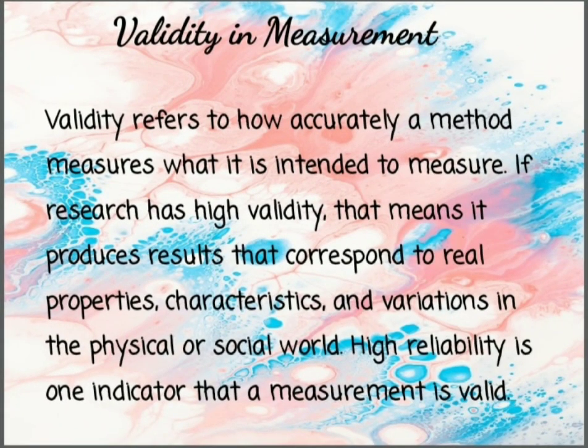Validity refers to how accurately a method measures what it is intended to measure. If research has high validity, that means it produces results that correspond to real properties, characteristics, and variations in the physical or even social world. High reliability is one indicator that a measurement is valid.